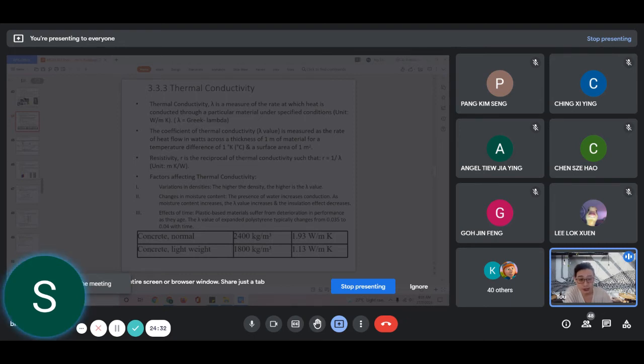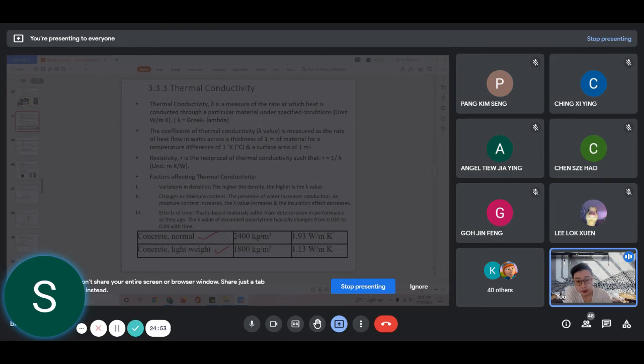The higher the value, the better the material is at conducting heat. If you see here, we have a normal concrete and a light concrete. The value here is the thermal conductivity.